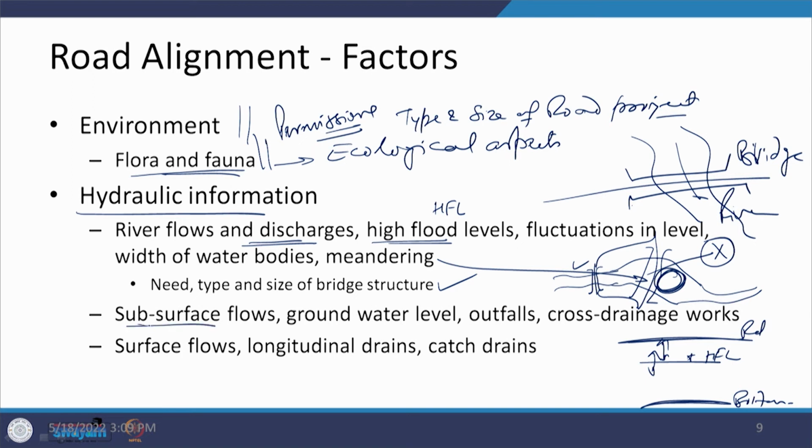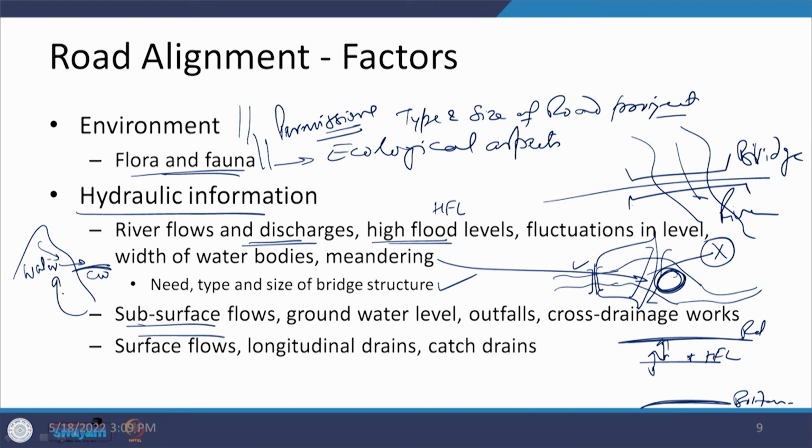In some cases you may find that there is a subsurface flow, and whenever there is an optimum location, this water will come out. Say you have a hill. So, the subsurface flow is there, but at some location this water may come out, and if you have provided a carriageway at this particular location, it is going to be difficult.